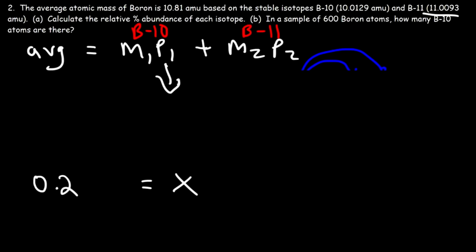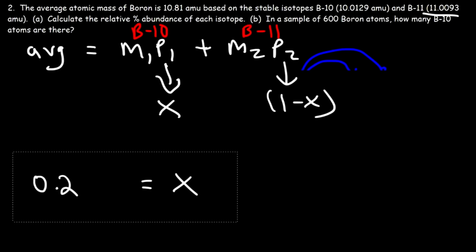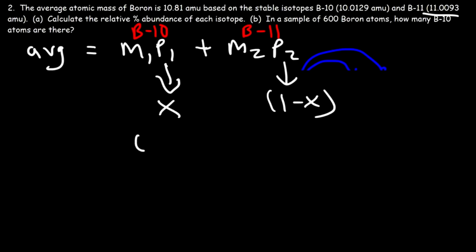So P1 was associated with x, and P2 was associated with 1 minus x. Now, if x is 0.20, that means that 1 minus x, which is 1 minus 0.20, is 0.80.